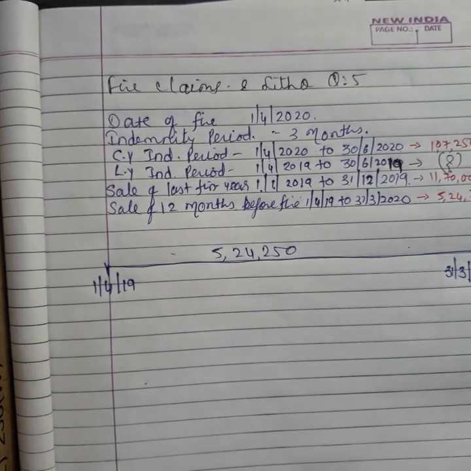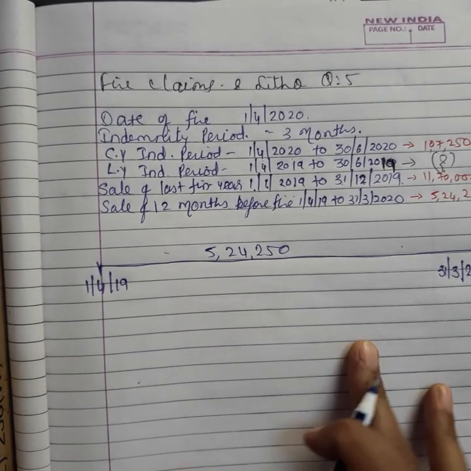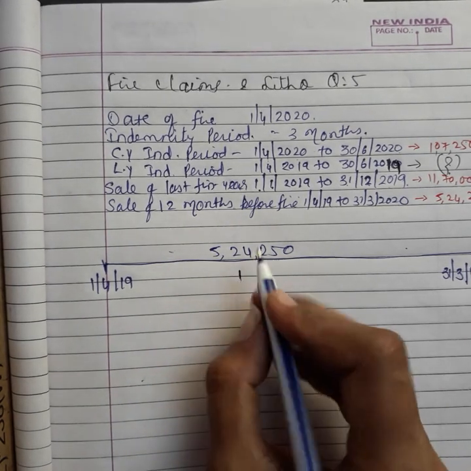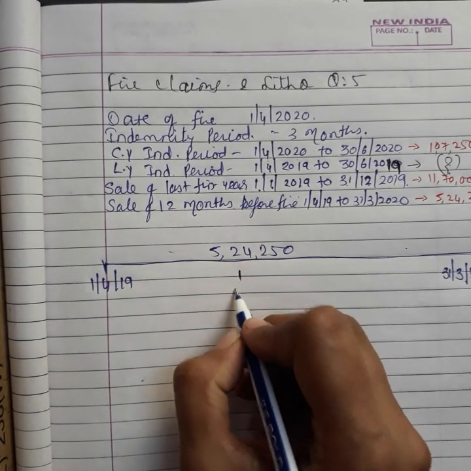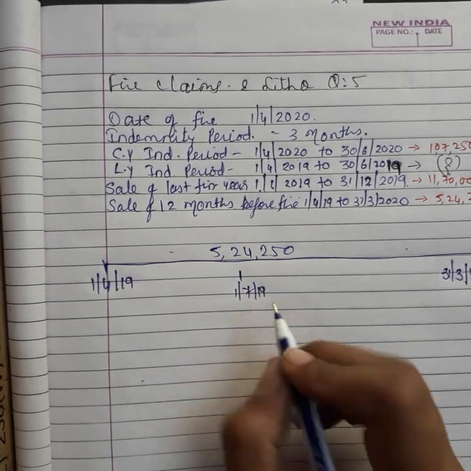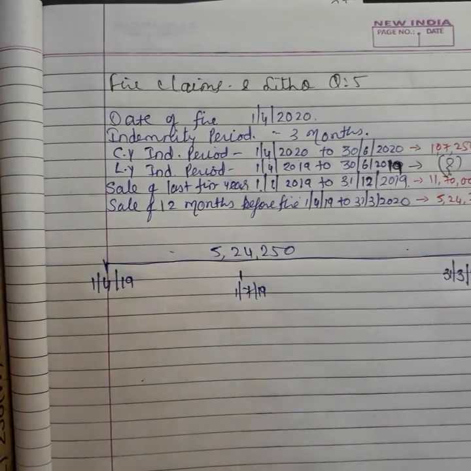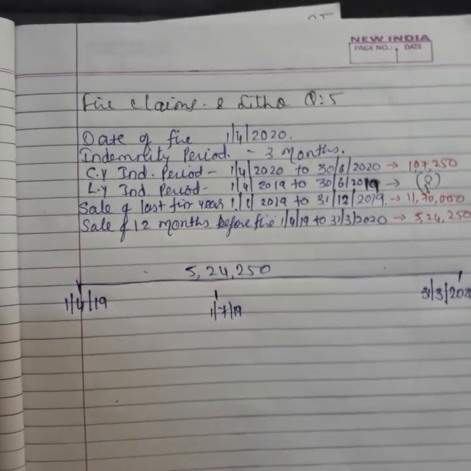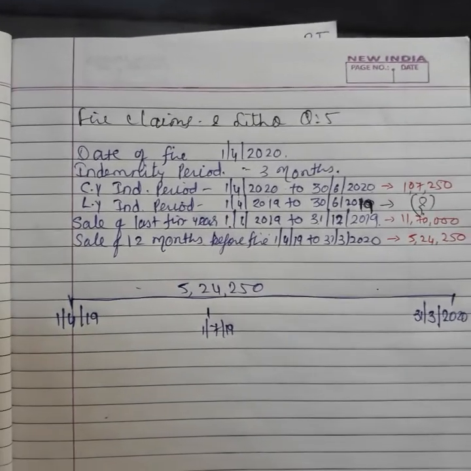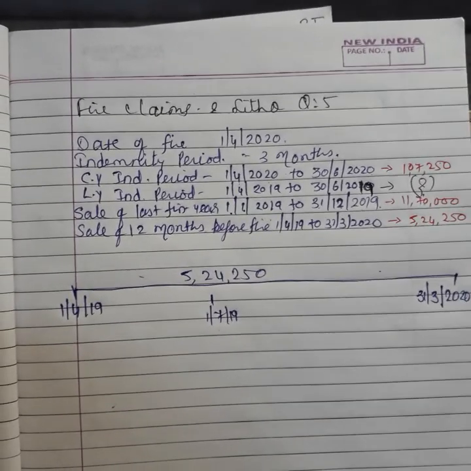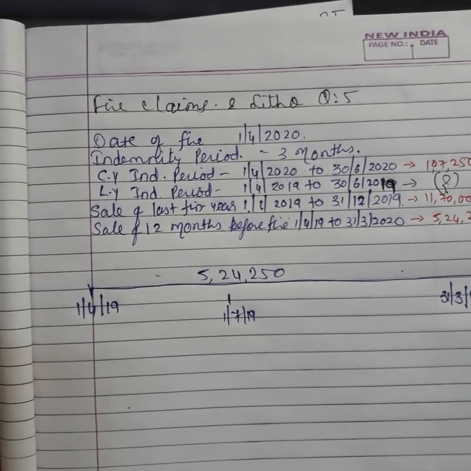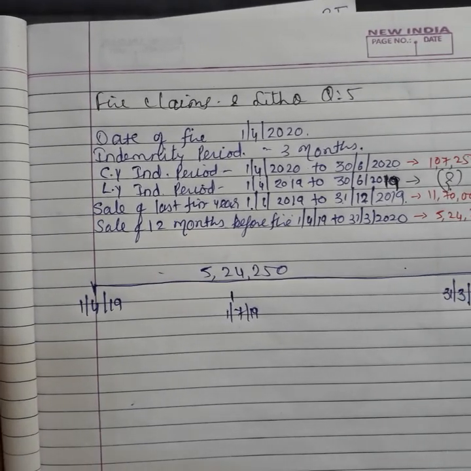5,24,250. From that, which one is given? 1/7/2019 to 31st/3/2020. That sales is also given.